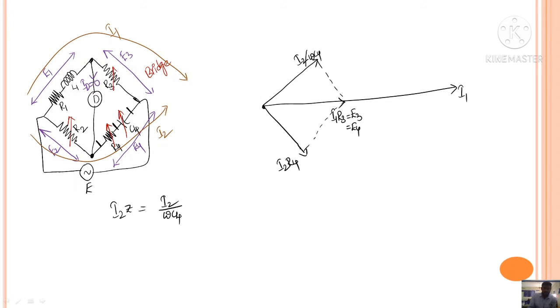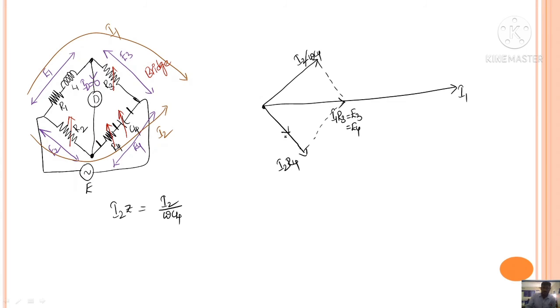And this one, what is this drop? It is I2. The current flowing through this path is I2. And what is this drop? It is E2. E2 is I2 multiplied with R2. How is I2? I2 is in phase with I2 R4, right?